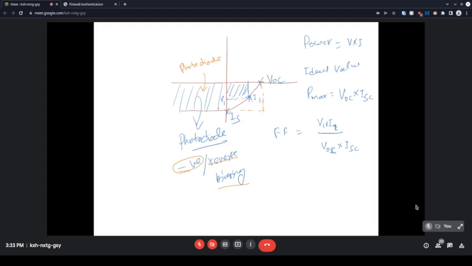But normally it has been seen that if you apply a load, your current and voltage appear somewhere at V1 and I1. If you make a rectangle between this point where you get the values V1 and I1, then the ratio of V1 I1 to VOC ISC tells you about the fill factor.